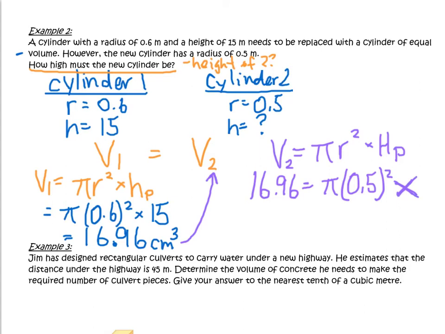So it's an isolation question. Going back to linear equations, I would figure out what that part is worth first. What's pi times 0.5 squared? Rachel? 0.785.